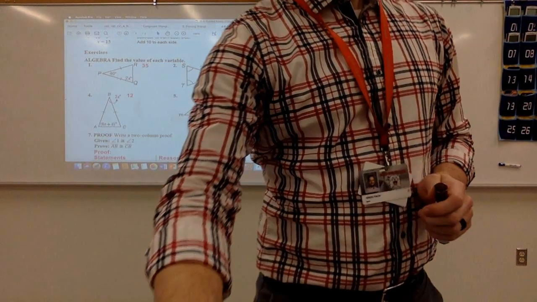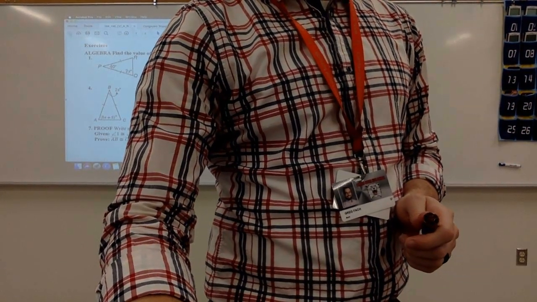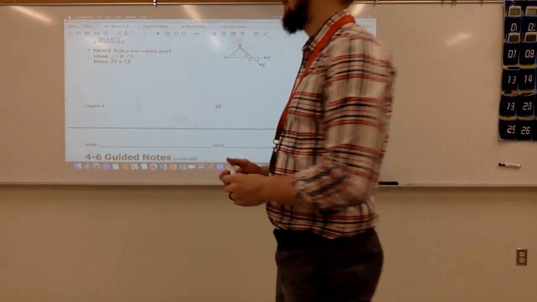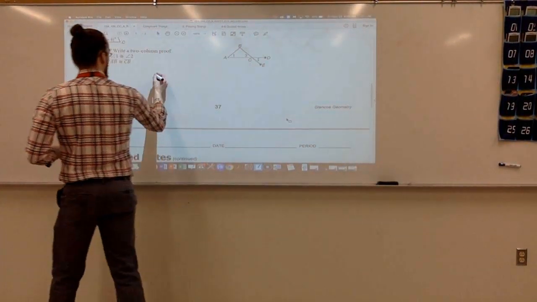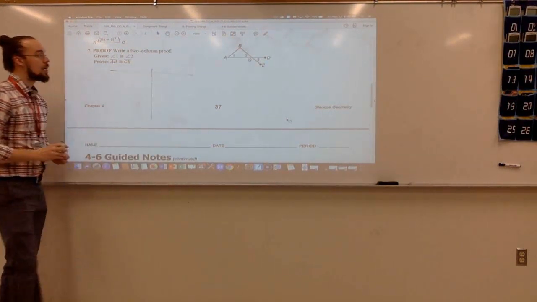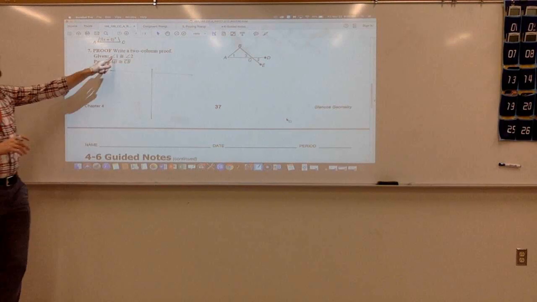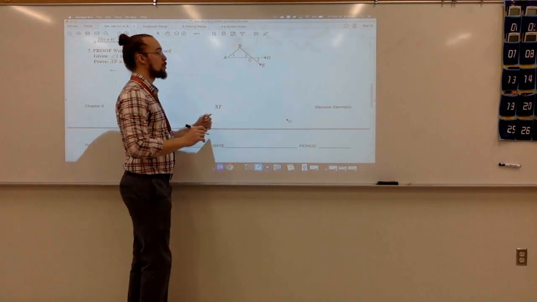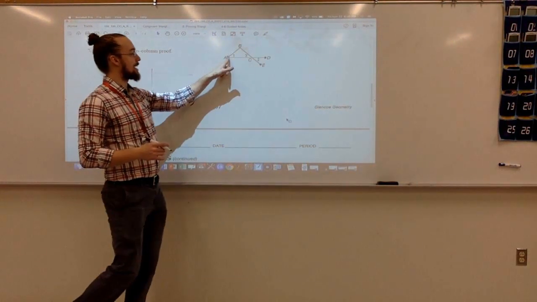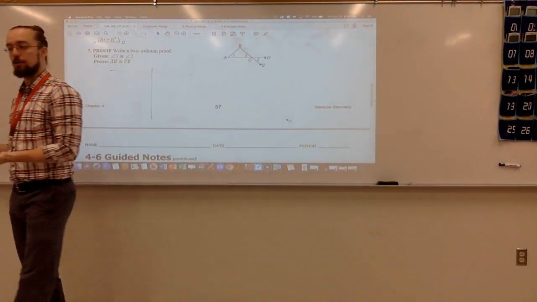All right, so let's take a look at this proof down here. On this proof, I am given that angles 1 and 2 are congruent, and my goal is to prove that sides AB and CB are congruent.